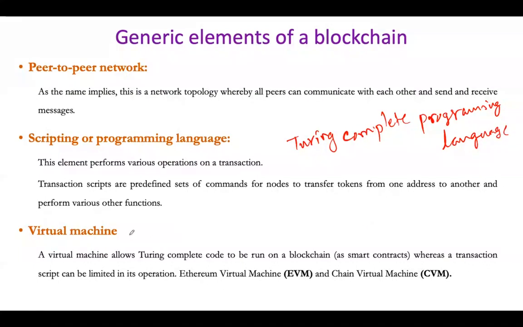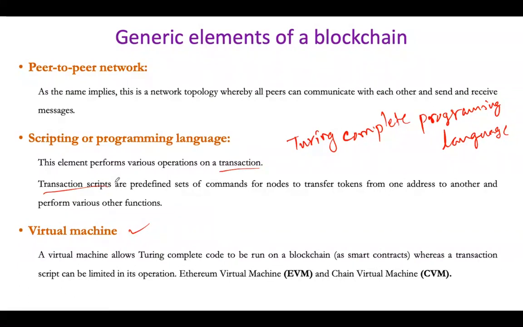Next, to implement the blockchain, we require virtual machines. This is an extension of the transaction scripts. A virtual machine allows Turing complete code to be run on a blockchain as smart contracts, whereas a transaction script can be limited in its operation.